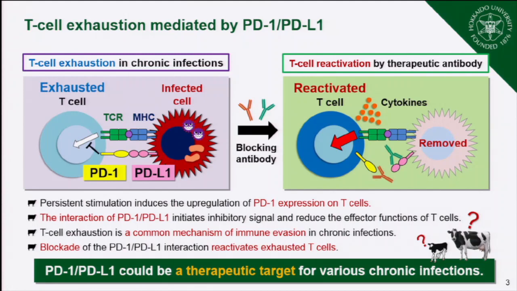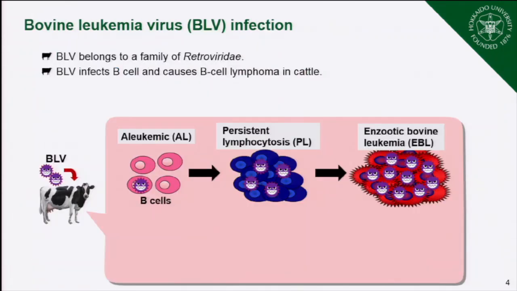But before we started this project, little information was available on PD-1, PD-L1 in chronic infections in cattle. So first of all, I would like to talk about BLV infection again.